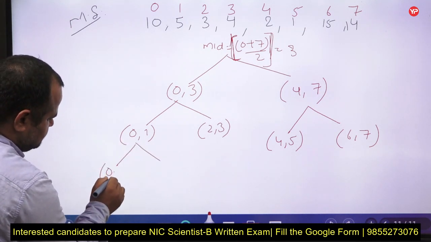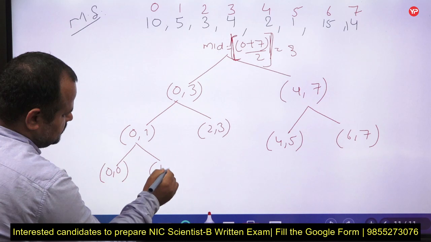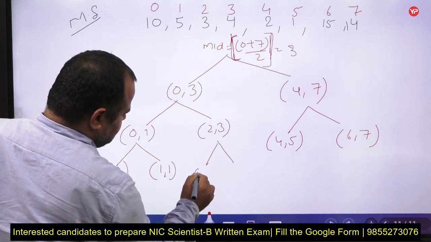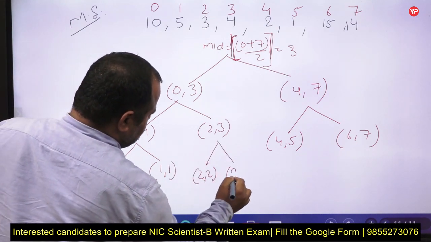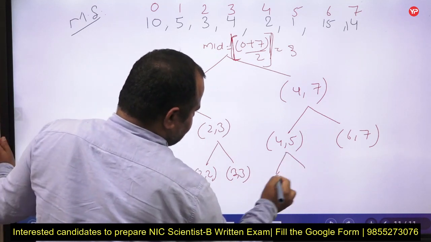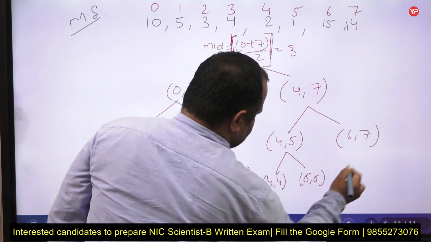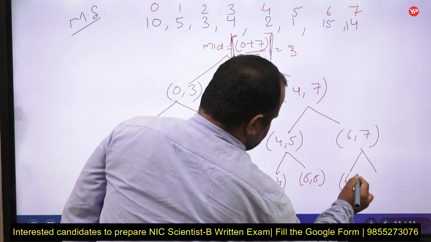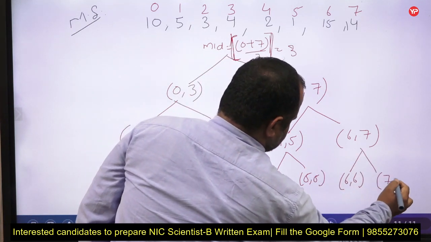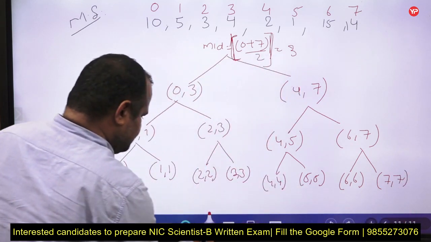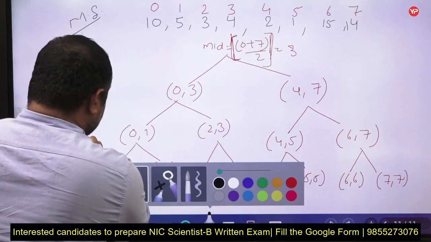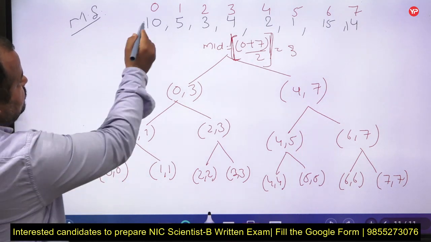So 0 0, 1 1, 2 2, 3 3. Getting my point?